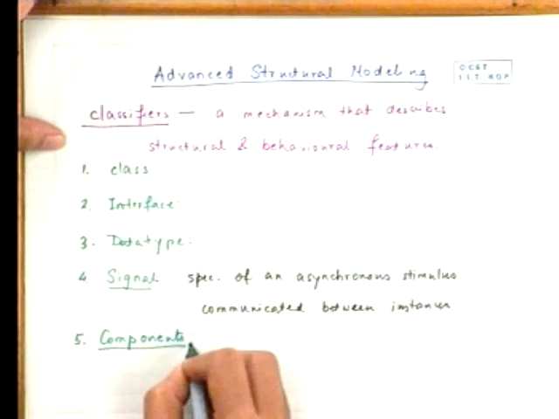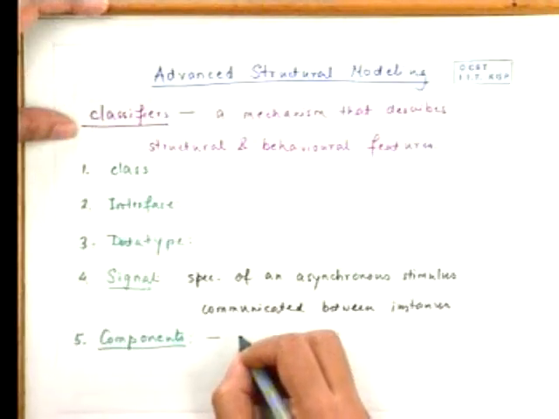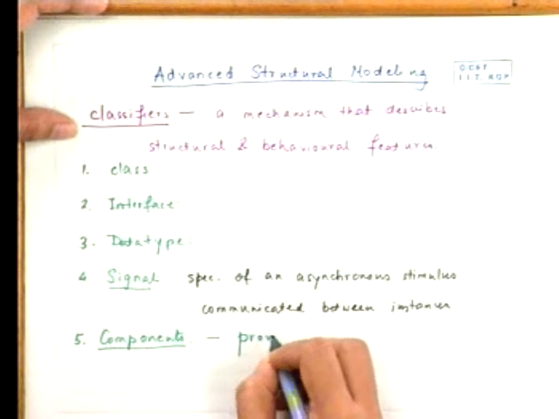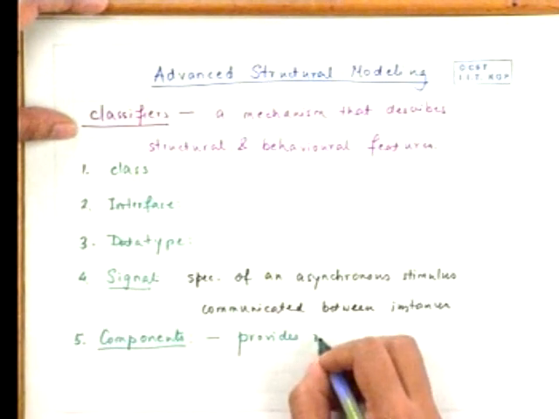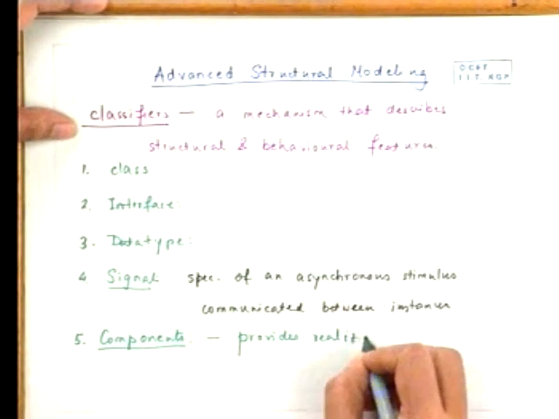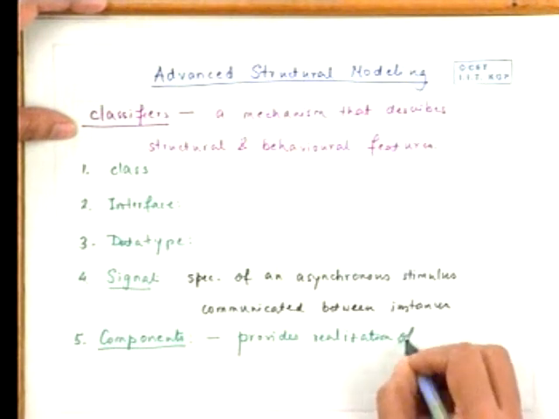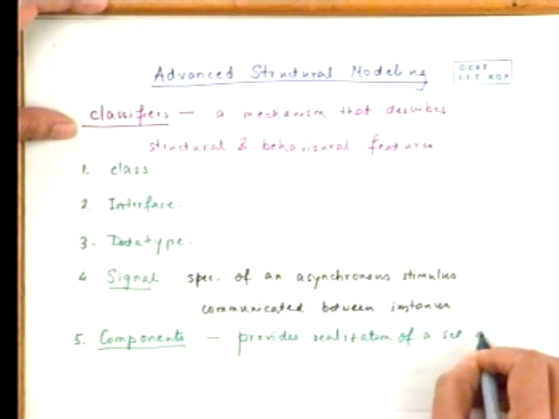What is a component? A component is a physical or replaceable part of a system. And a component provides the realization of a set of interfaces.